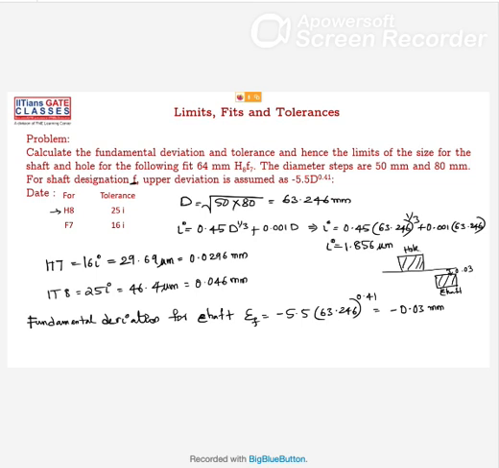Can anyone tell me the hole maximum and minimum? Hole is 64 to 64.046. Excellent. So max is 64.046, right? And minimum is 64. And shaft, can anyone say the shaft maximum and minimum?